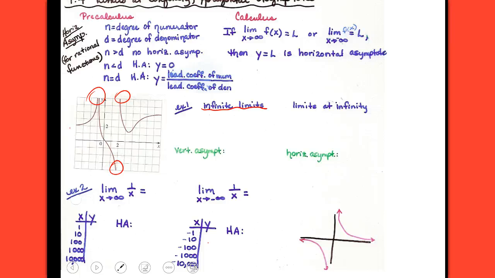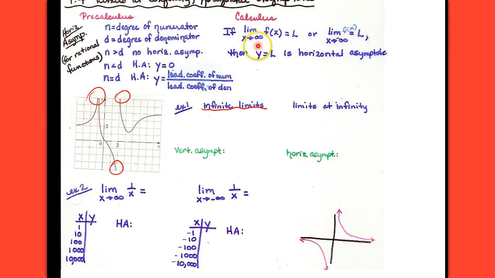So now I want to look at the idea of horizontal asymptotes. And over on page 250, they tell me that if I have a function defined on an interval from a to infinity, if the limit as x approaches infinity of that function is equal to an actual numerical value L, then y equals L will be a horizontal asymptote.